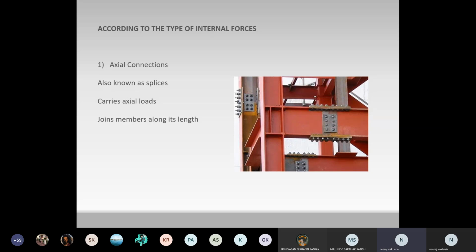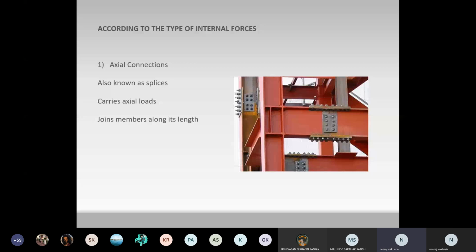Connections are classified as axial connection, shear or semi-rigid connection, and the third is moment or rigid connection, based on the primary load that the connection is going to carry. Connections, however, are most typically expected to carry more than single loads, but the primary loads are what we use to divide those connections into these categories.